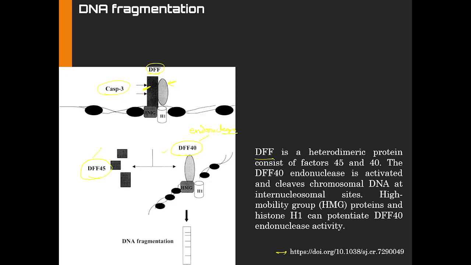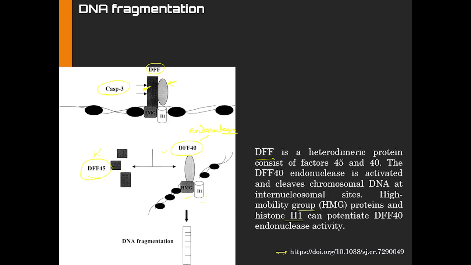Several other functions of DFF have been reported, that this also works as a chaperone. Several mutants have been created by the same Wang group, which I was mentioning, and they have shown that it is very important for the developmental process. There are several other factors they have shown, like the high mobility group proteins and histones.